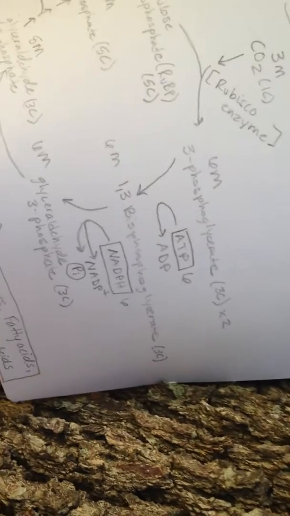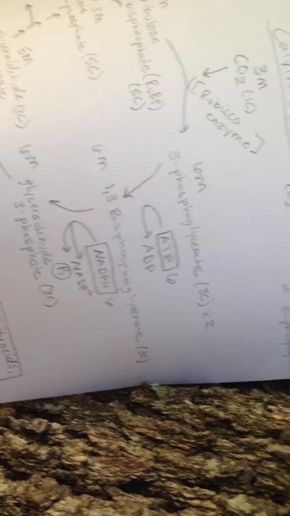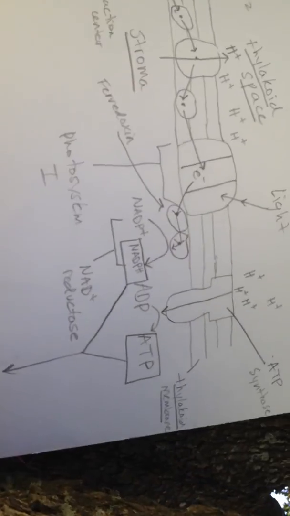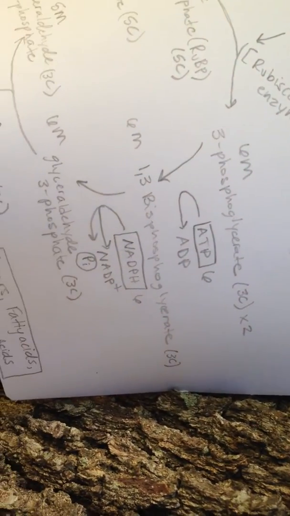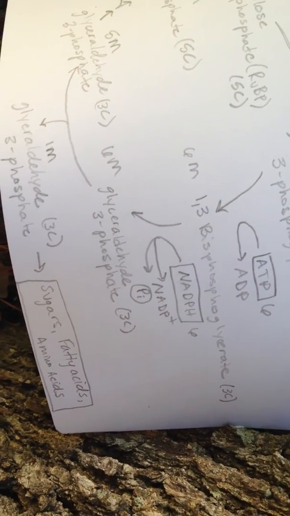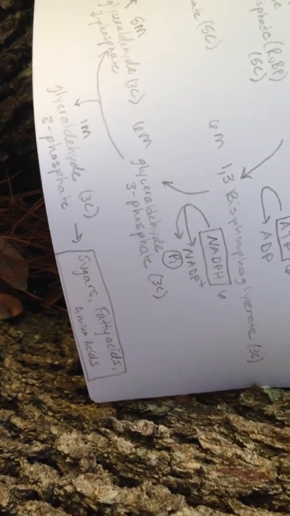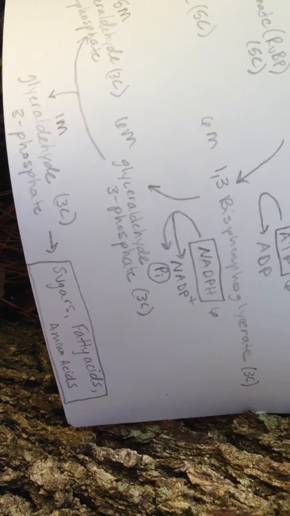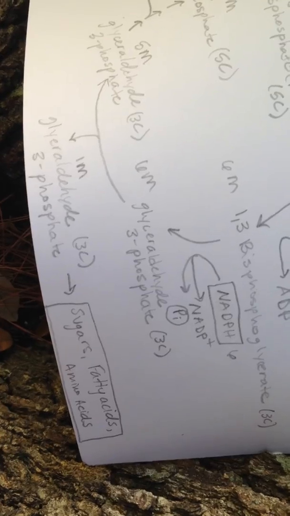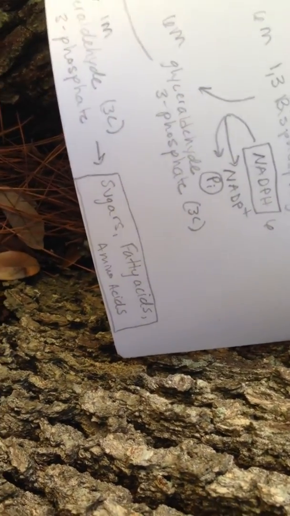After it reaches 1,3-bisphosphoglycerate, it's going to use that NADPH from the light reaction, and it's going to make glyceraldehyde 3-phosphate. Now this is exactly what we want from this cycle. We want to take one of those molecules out of the Calvin cycle and use that for sugar, fatty acids, amino acids, what have you.